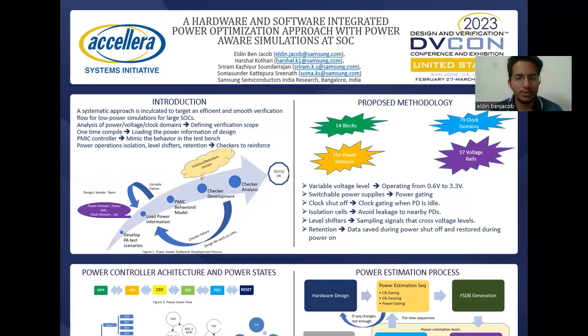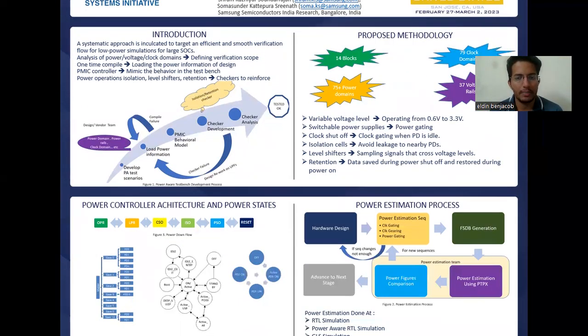The different approaches for reduction in power are mentioned here: variable voltage level reduction, switchable power supplies, clock shutoff, isolation cells for power shutoff, then voltage shifters for the different power domain connections, and retention. And also the next process is power shutoff, which has the maximum power conservation and also the maximum time for powering back on.